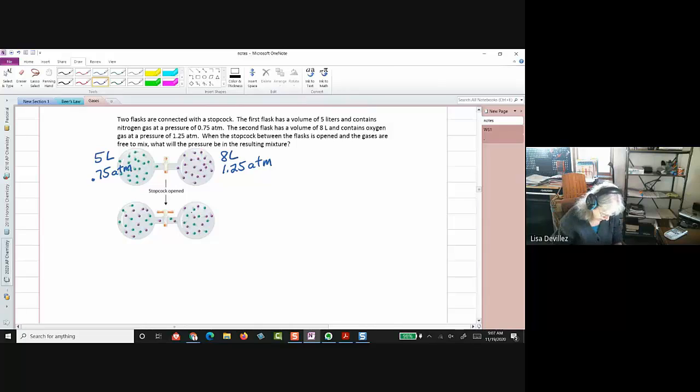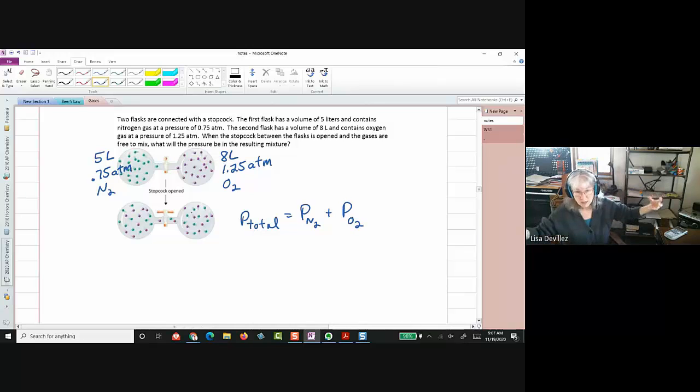So what we want to think about is that the total pressure is going to be equal to, this is my oxygen, this is my nitrogen, the pressure of the nitrogen plus the pressure of the oxygen when they spread out in that whole volume.